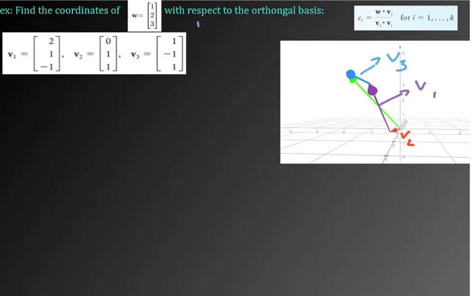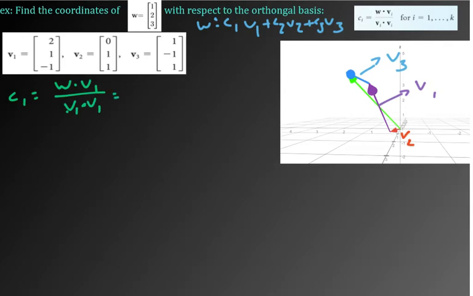The idea is, again, W equals C1 V1 plus C2 V2 plus C3 V3, and I'm just going to find C1, C2, and C3. So C1 is W dotted with V1 over V1 dotted with V1, which is going to be 2 plus 2 minus 3 over 4 plus 1 plus 1. This is the kind of math that I'm so bad at.